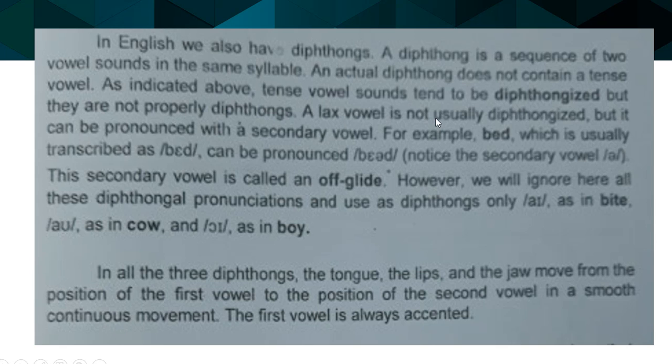A lax vowel is not usually diphthongized, but it can be pronounced with a secondary vowel, for example "bed." Notice the secondary vowel, called an offglide. However, we will ignore here all these diphthongal pronunciations and use as diphthongs only [aɪ] as in "bite," [aʊ] as in "cow," and [ɔɪ] as in "boy."